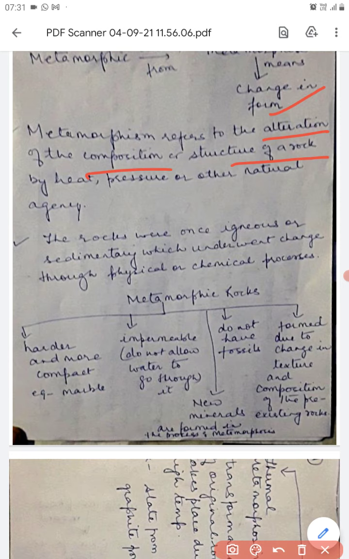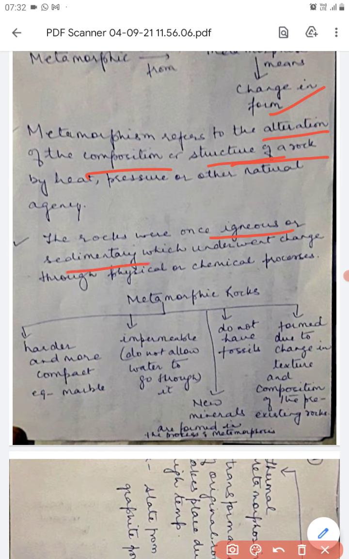There are changes in the crust of the earth, in the internal parts of the earth, changes in heat, temperature, pressure, etc., as a result of which there are alterations in the rocks, in their composition and in their structure.